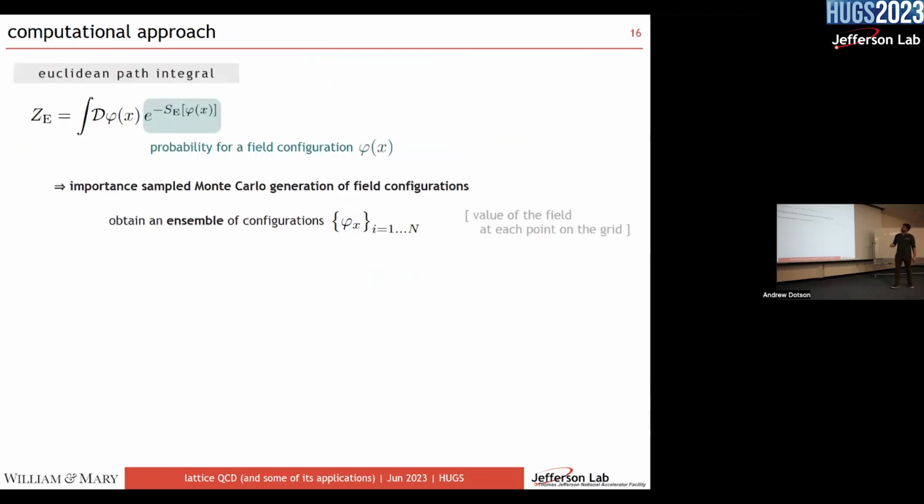So once we've got this, this sets us on our way, because we can now interpret this quantity as being the probability for a particular field configuration. And this indicates an efficient way to do this.